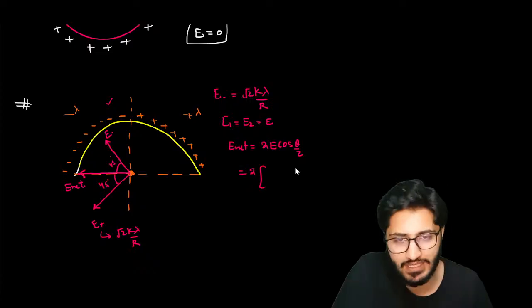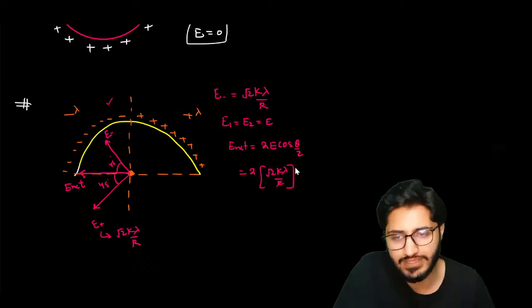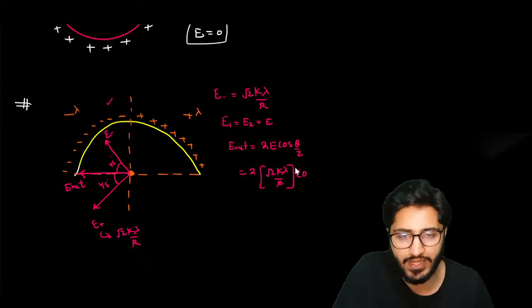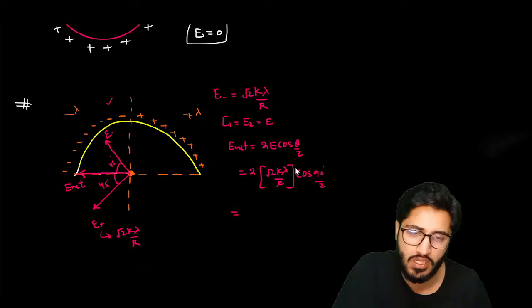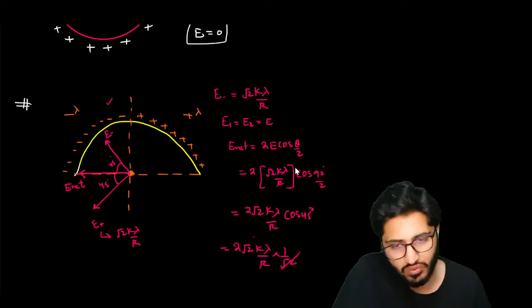What is E? E is root 2 times k lambda by r. The angle is 90 degrees, so cos 90 degree by 2, then we have cos 45. Can write 2 root 2 k lambda by r, cos 45 is 1 by root 2. Root 2 cancels out.